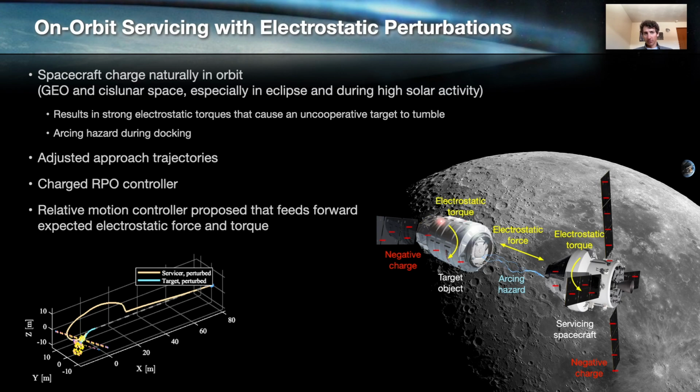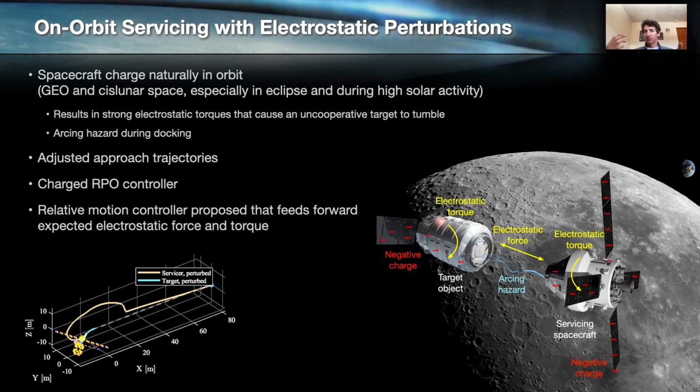So, what are the consequences on orbit servicing? If you have, let's say, an uncooperative target object that you're trying to service with a servicing satellite, and you come in, the resulting electrostatic torques will cause the uncooperative target object or target satellite to start tumbling.